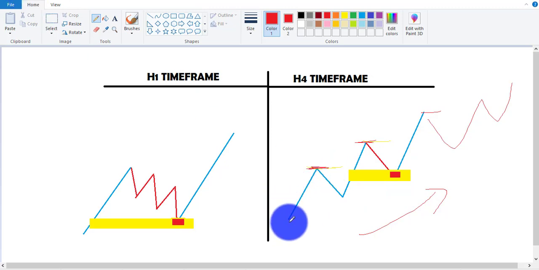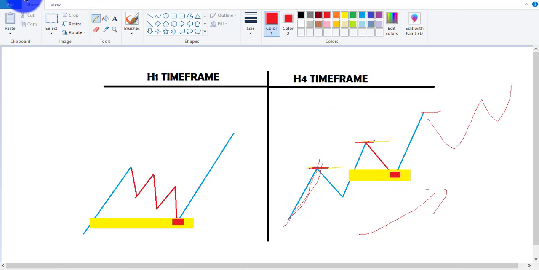When we are in this impulse stage, we are looking at price impulsively moving, or moving in a relatively straight line, on the H4 time frame. So what we want to dwell on is the retracement.